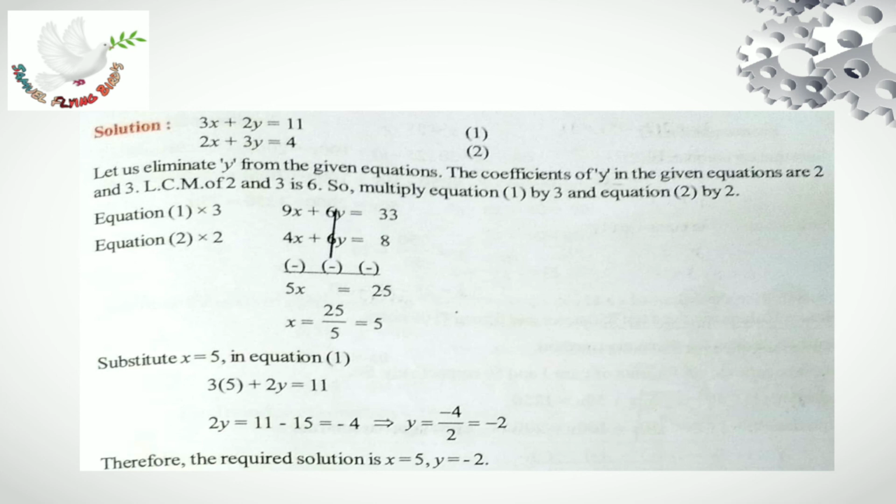Now substitute this x equal to 5 in equation 1. We get 3 into 5 plus 2 into y equal to 11. 2y equal to 11 minus 15 equal to minus 4, so y equal to minus 4 by 2. We get y equal to minus 2. Therefore the required solution is x equal to 5 and y equal to minus 2.